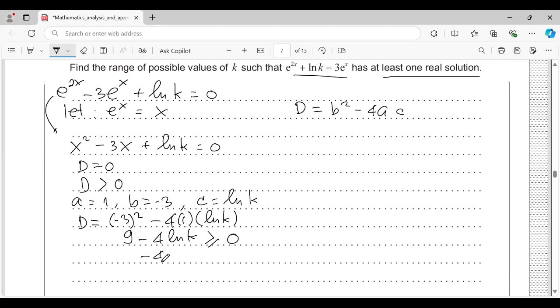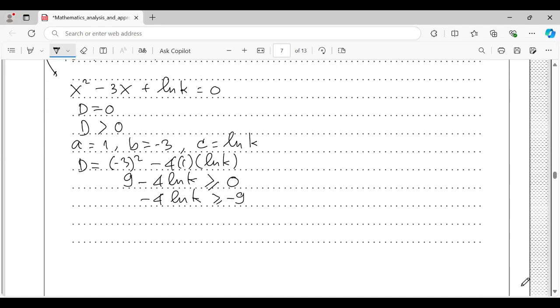And we can arrange it becomes minus 4 ln k greater than or equal to minus 9. Then ln k, the direction changes because we divide minus 9 by minus 4.